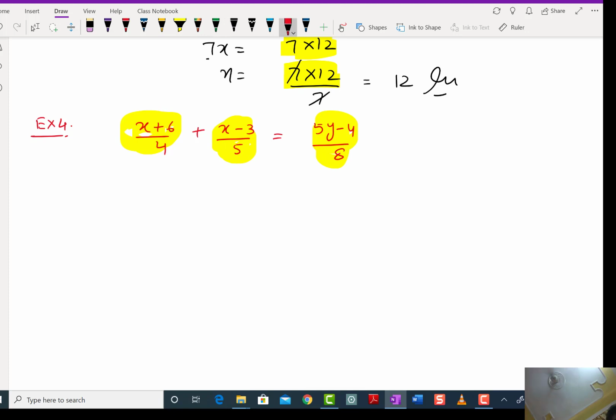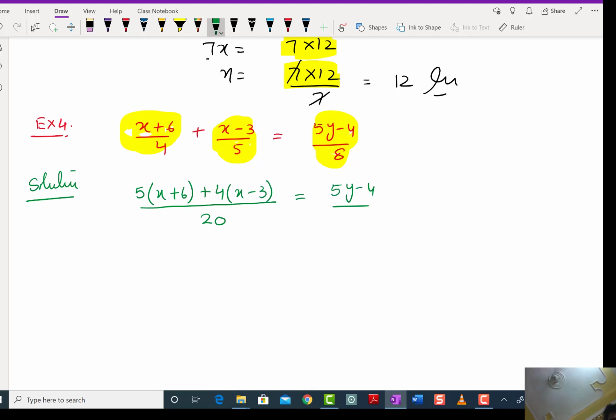So who will tell me what to do in this? Yes, absolutely right. We will take LCM, which will be 20. 20 divided by 4 is 5. You will put it in a bracket. So 20 divided by this is 4, 4 times x minus 3, is equal to 5y minus 4 by 8.